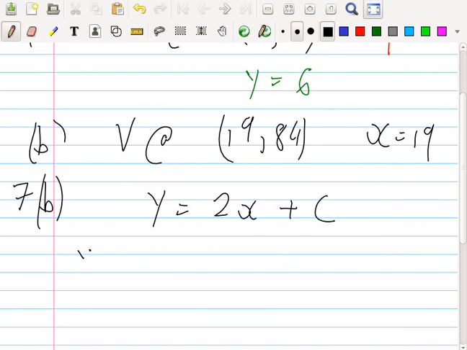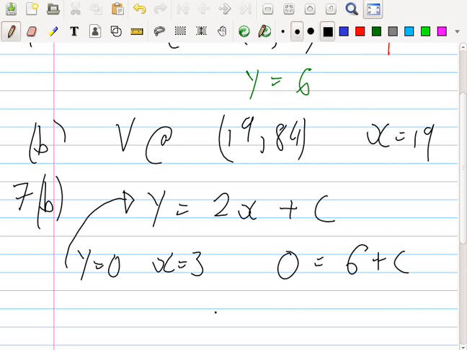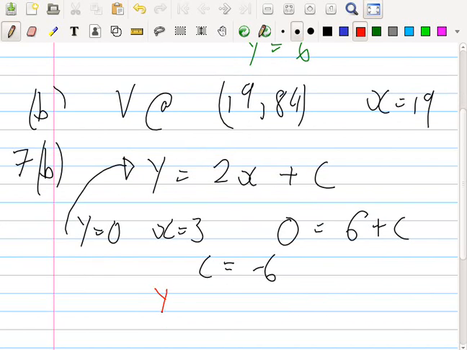When y is 0, x should be 3. So if I put that information in here, when y is 0, x should be 3. 2 times 3? 6. So the c should equal minus 6. So the answer is y equals 2x minus 6.